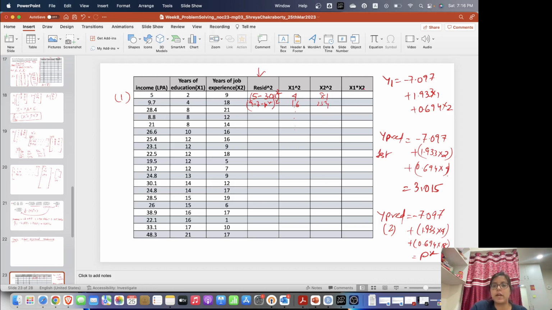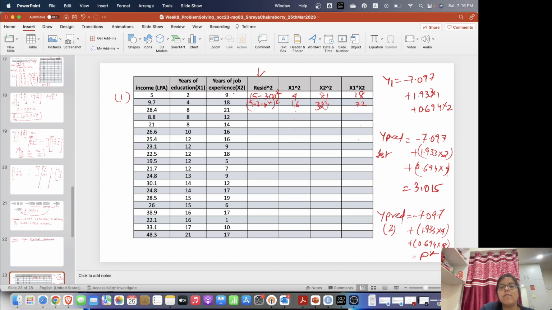And x1 into x2, we'll also have the cross product terms. So 18, this will be 72, sorry, this is 324, I'm sorry. Okay, and so on and so forth.